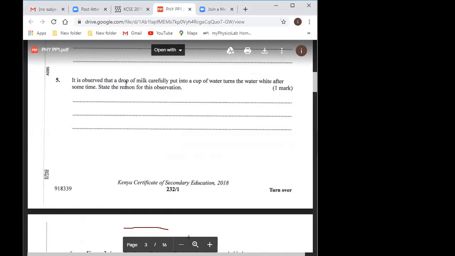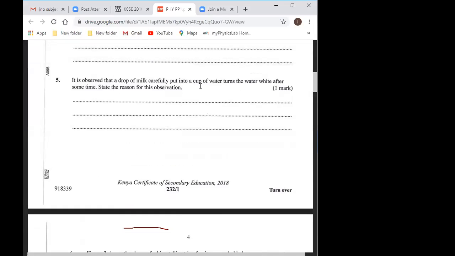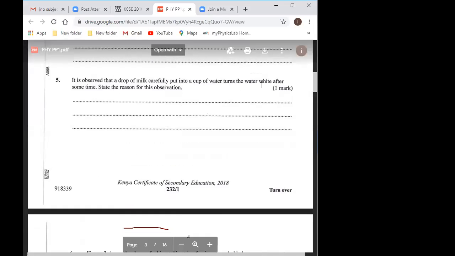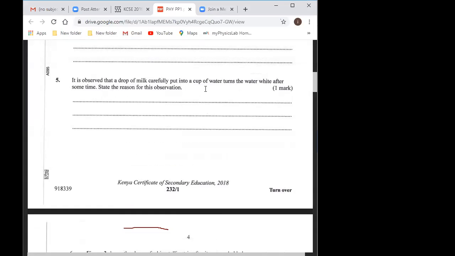It is observed that a drop of milk carefully put into a cup of water turns the water white after some time. State the reason for this observation. Let's have a volunteer. Benjamin Monia.